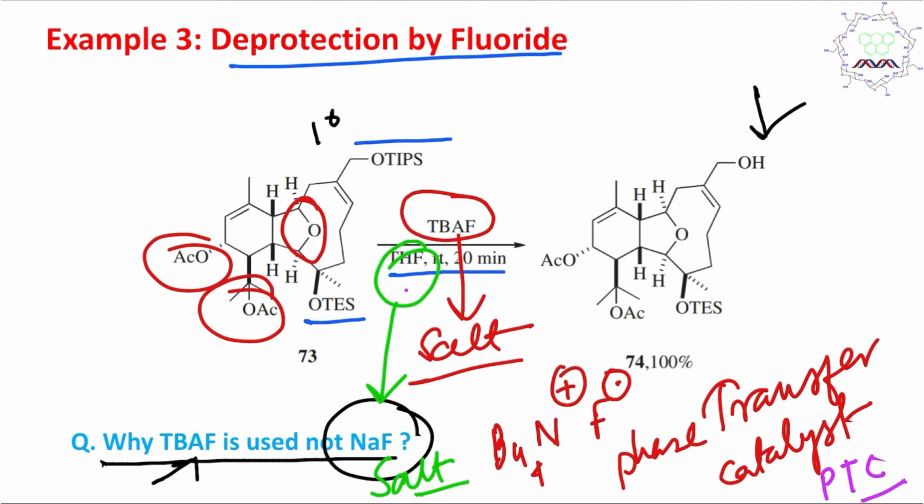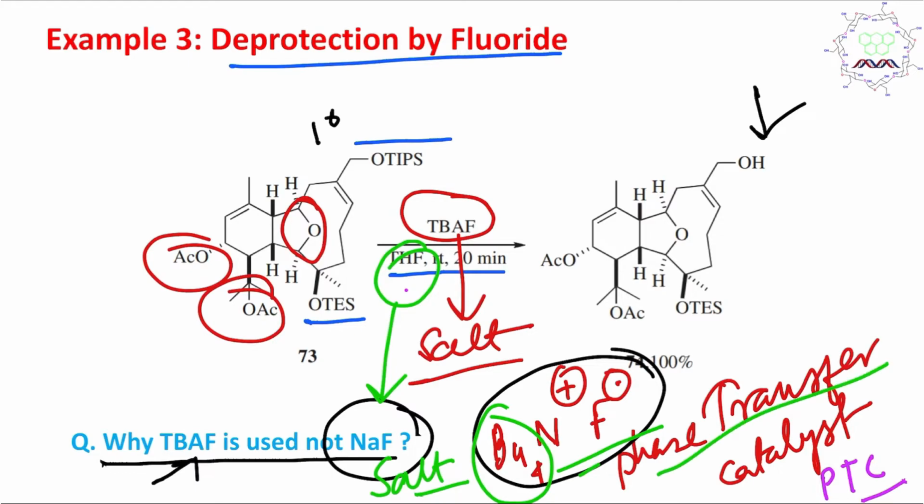Although it is a salt, it is soluble in organic solvent because of the four tetrabutyl groups. So that is the reason to choose TBAF. By the way, I have already given a dedicated lecture on PTC, so if you don't have the idea, you may visit it.